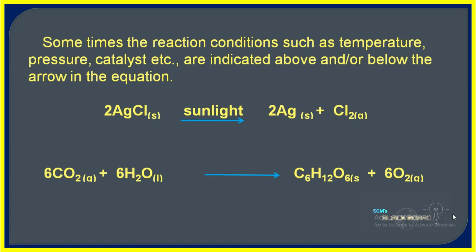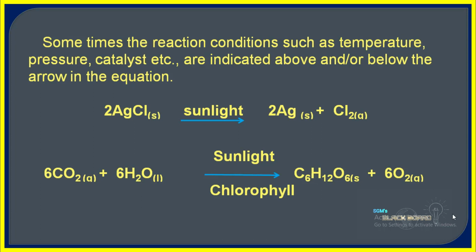Carbon dioxide with water gives glucose, C6H12O6, plus oxygen. It is the photosynthesis reaction. In this reaction, plants absorb water from the ground and take carbon dioxide from the atmosphere to produce glucose, starch. Sunlight and chlorophyll are both required to prepare this starch.